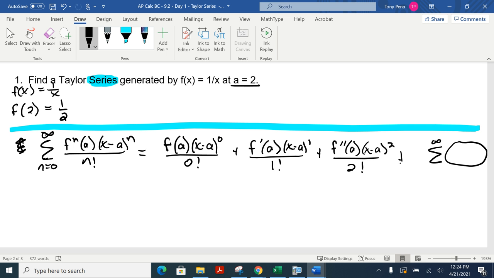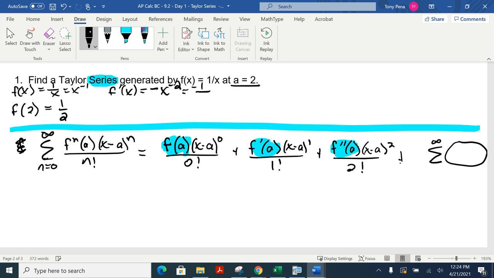That's going to be our functional value. So that, when we go to write our formula, that's going to go right here because that's our functional value at that time. But what we now need is our first derivative value at 2. We need our second derivative value at 2 on down the line. So understand this is, just for the sake of a derivative, it's also x to the negative 1. So my first derivative would be a negative x to the negative 2.